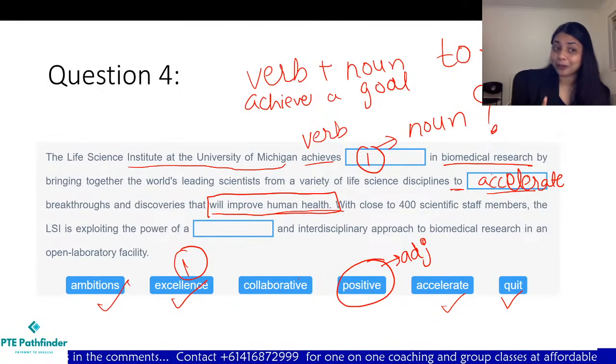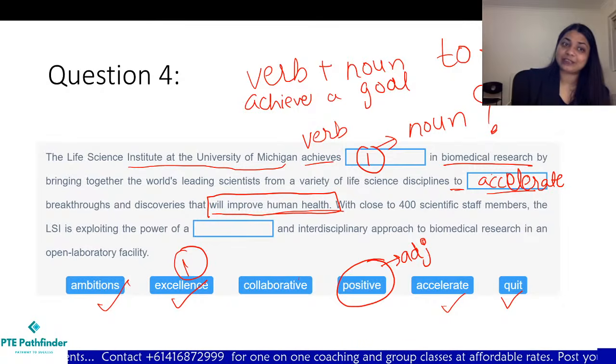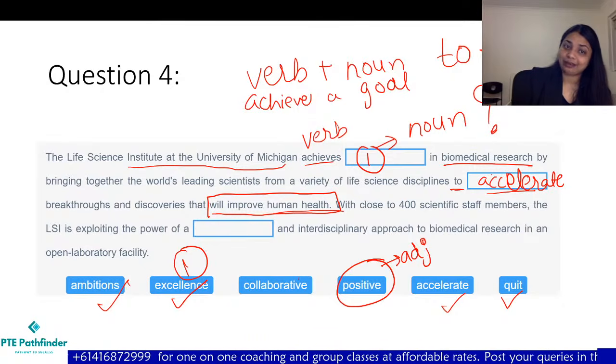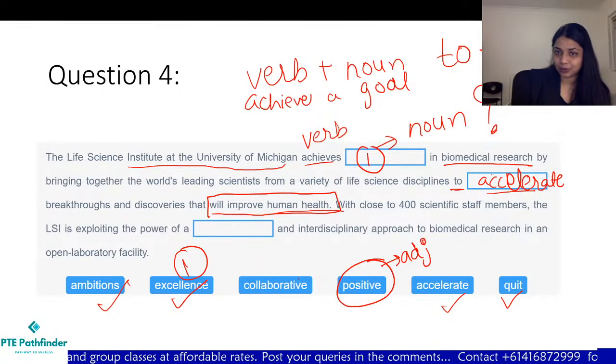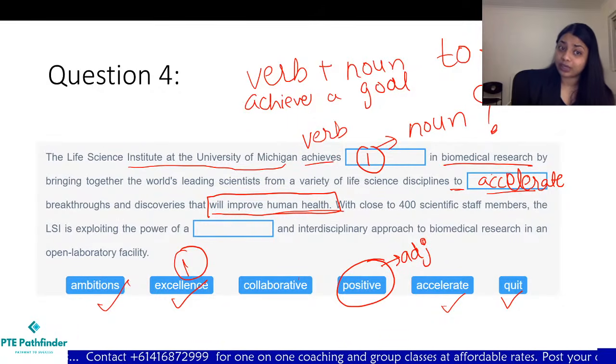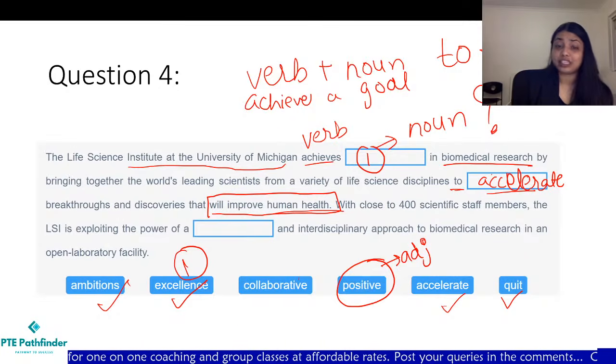So it won't be positive breakthroughs. I know positive is an adjective and breakthroughs is a noun, so it fits there. But if you look at the meaning of the sentence, we are not looking at positive. We are looking at the word accelerate, looking for a verb there. So variety of life science disciplines to accelerate breakthroughs and discoveries that will improve human health. Makes more sense. Good try, guys.